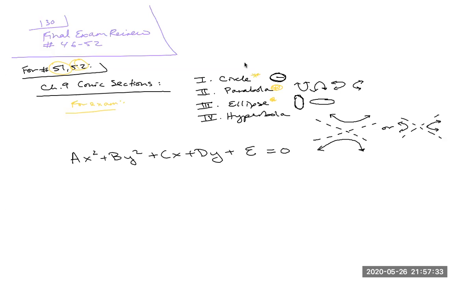For all conic sections, they can be written in a particular form, where A, B, C, D, and E are coefficients with powers of x and y. I'm going to get into the details of a circle and an ellipse in this video, so let me erase these details.